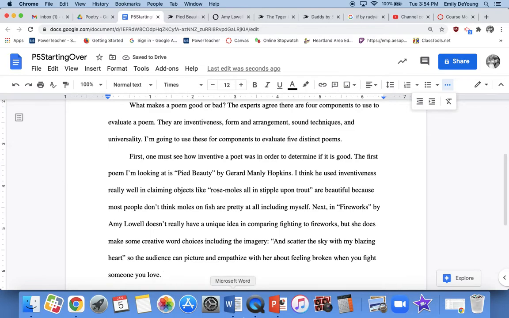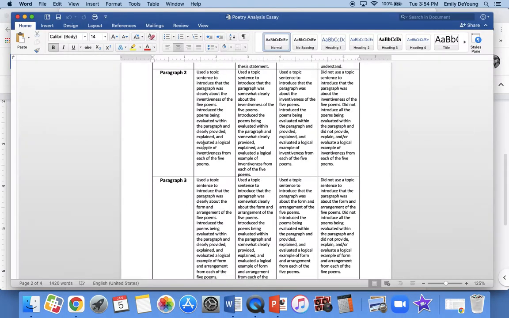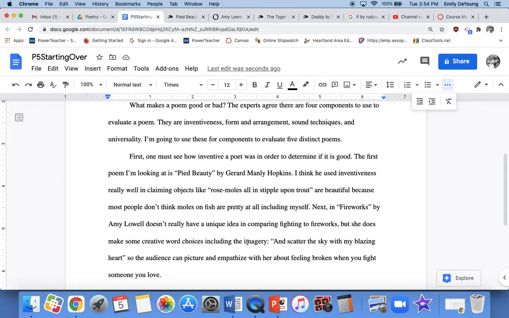So double check my rubric for this example, asking myself if I've evaluated it. So did I give my opinion on it? Not really. Next, in Fireworks, I don't.